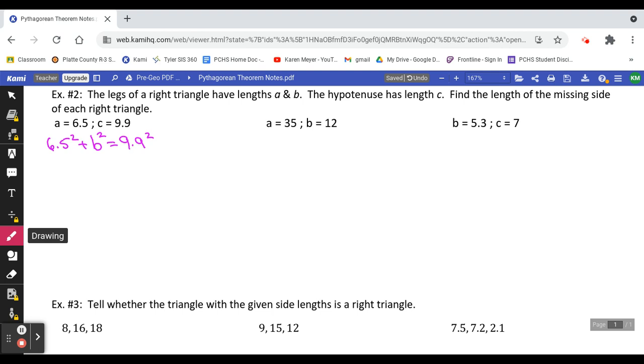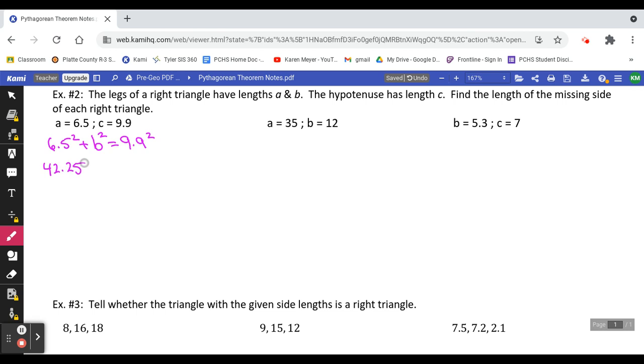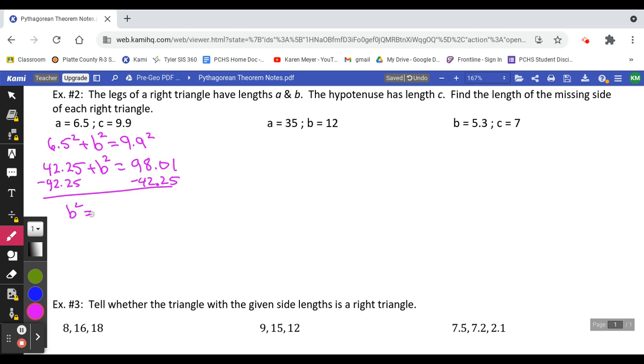So then I'm going to do 6.5 squared on my calculator, which is 42.25, plus B squared equals 9.9 squared, which is 98.01. Then we have to subtract 42.25 from both sides. So I get B squared equals 55.76. Then I'm going to square root both sides. And when I round it, it'll round to 7.5.